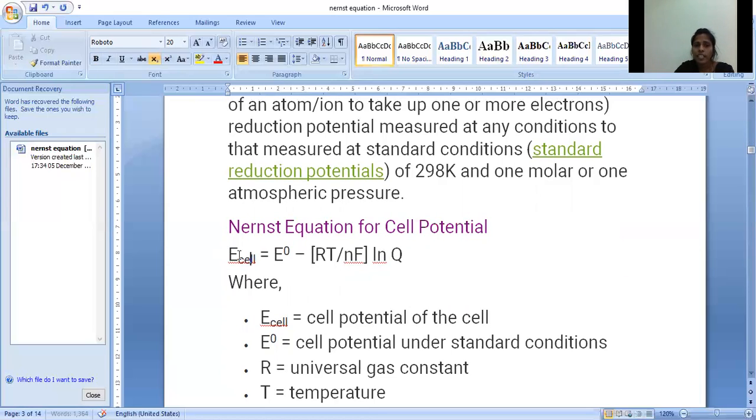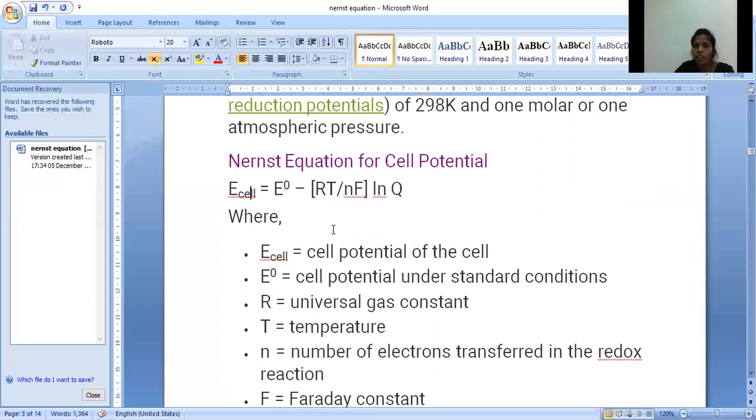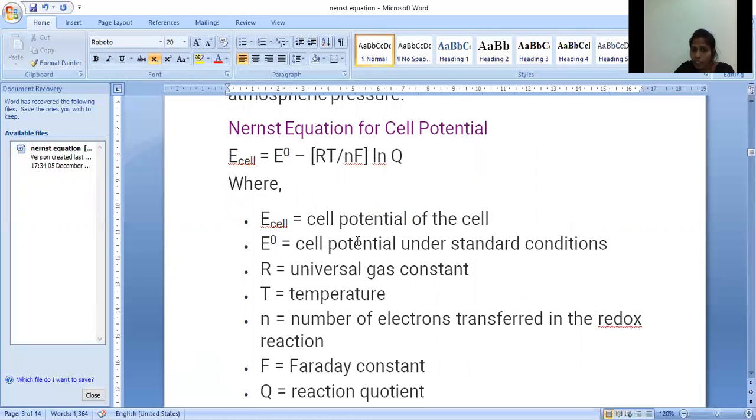Yes, so this is a cell potential, that is EMF. E naught cell is the cell potential at the standard conditions. R is the universal gas constant, T is the absolute temperature, and N is the number of electrons transferred in the redox reaction. That means either loss of electrons or gain of electrons.